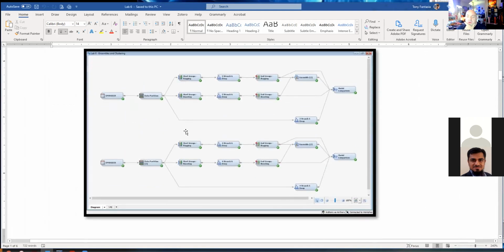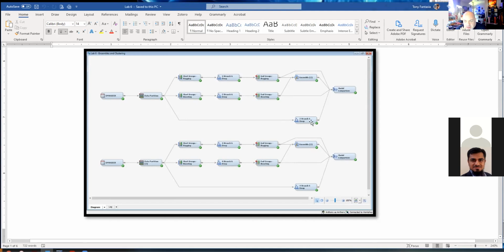So both diagrams have the German credit data source, the data partition, a start group for bagging and a start group for boosting, and then the 2 branch 6 deep trees for both, and then the end group for bagging and boosting, and then an ensemble node connected to those end groups.